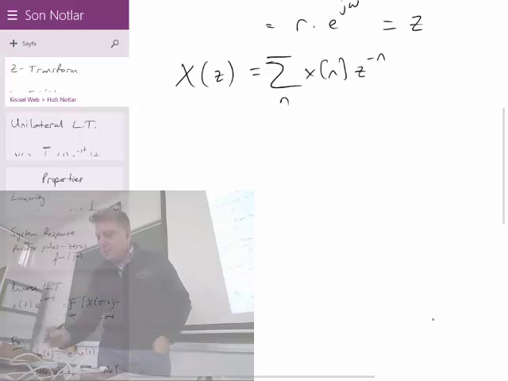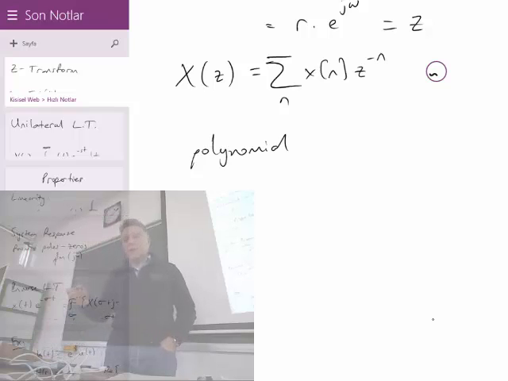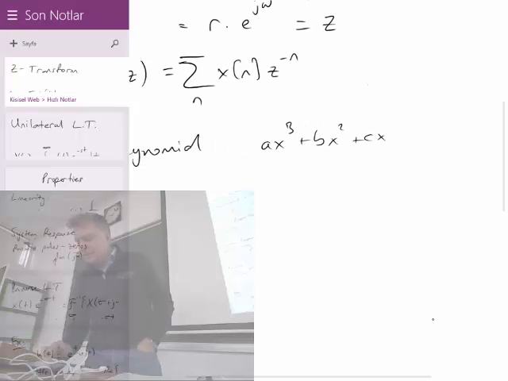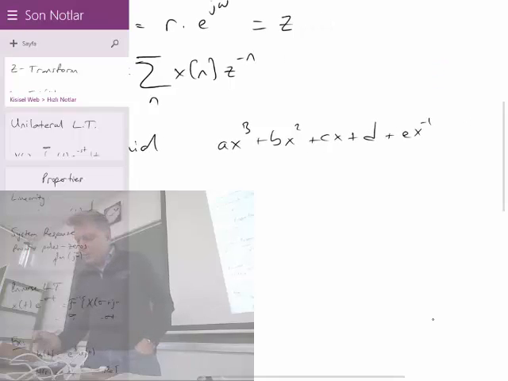What is a polynomial? Let's remember a polynomial. Over, say, x, we know that a polynomial is something like ax cubed plus bx squared plus cx plus d. But this one goes further to the negative powers as well, plus ex to the minus 1 plus fx to the minus 2.